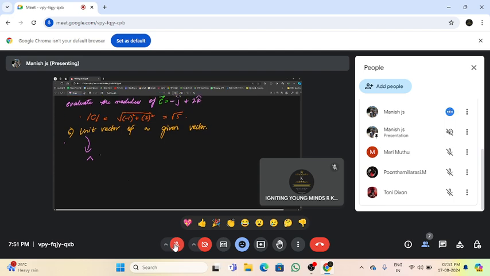If I want to find the unit vector of vector A, I put a cap over A, so A cap is nothing but the unit vector of vector A. And how do I find that out? It is given by the relation: unit vector of A is equal to vector A upon modulus of vector A.